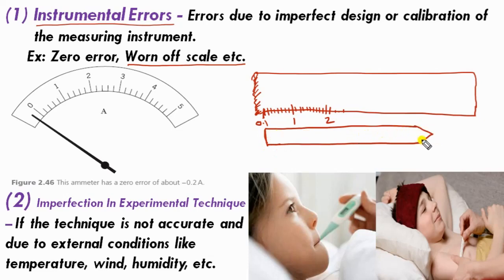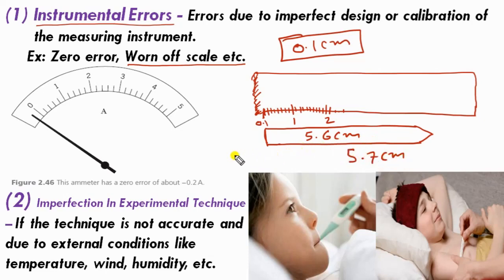And due to this reason, for any length being measured, suppose I am measuring a pencil, I will get a value 0.1 centimeter more than the true value of that length. So if the actual length of this pencil is 5.6 centimeter, I will get a value of 5.7 centimeter. If the length of this pencil is say 6 centimeter, I will get a value of 6.1 centimeter, because I am matching the end of the pencil with 0.1 instead of 0. Why am I not matching with 0? Because the marking 0 is missing, due to the wearing off of this scale. I hope you got it.